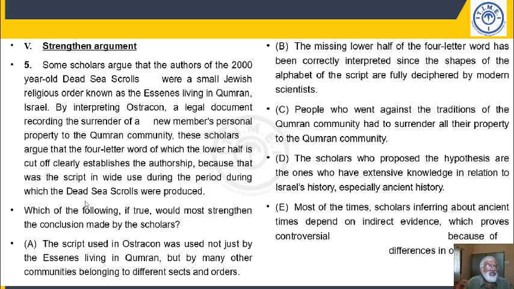By interpreting Ostracon, a legal document recording the surrender of a new member's personal property to this community, these scholars argue that the four-letter word of which the lower half is cut off clearly established the authorship, because that was the script in wide use during the period during which the Dead Sea Scrolls were produced. In other words, they've seen some part of a script and they're saying that this is the kind of script that was used by the Qumran community 2000 years ago.